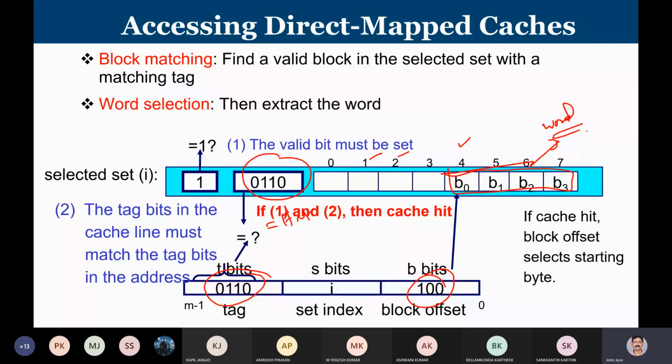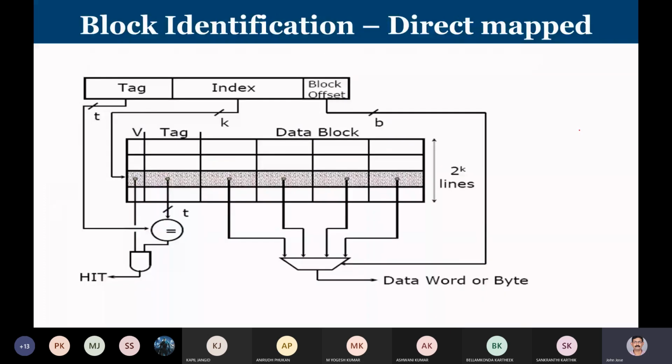So I will repeat once again. Given the address, find out the set number. Using the set number, go to the corresponding set, check the valid bit, and check the tag. If the tag is matching, extract the word using the block offset. This is how a direct mapped cache looks. These are the bytes, the different words that you have stored. When the CPU gives the address, using the index bits there is a decoder, and you uniquely go to one particular row in the cache.